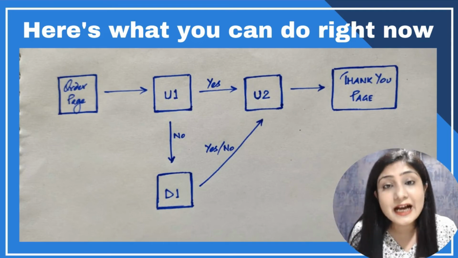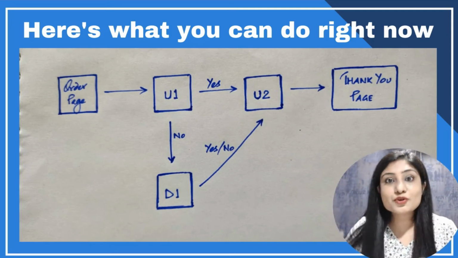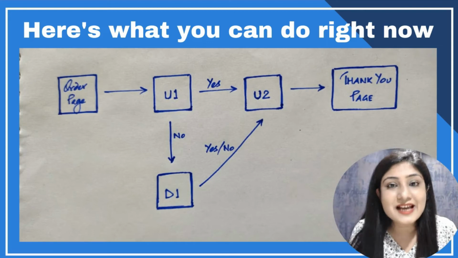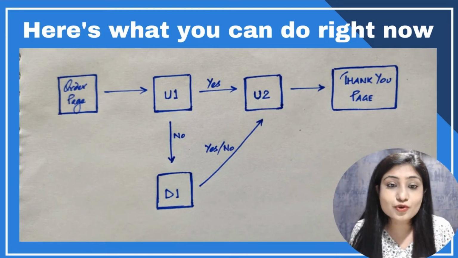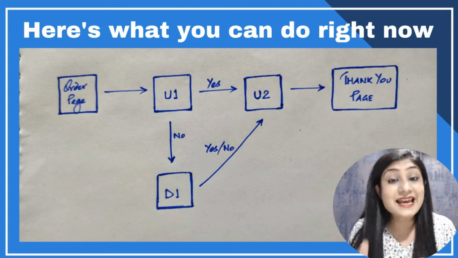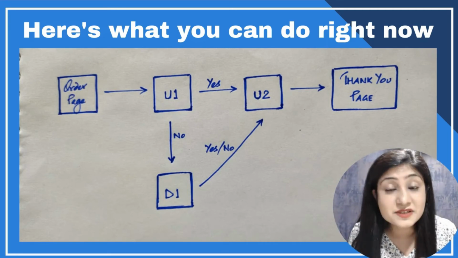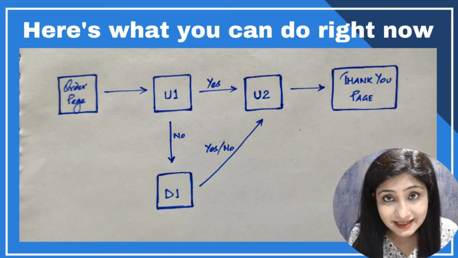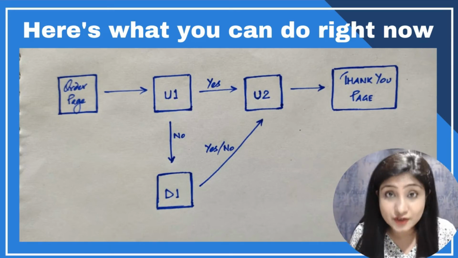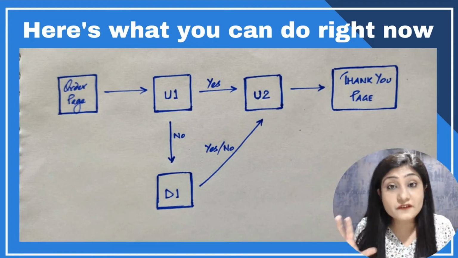Now of course you can further send them to upsell 3 if they accept upsell 2, and also you can terminate the funnel at any one of these steps. Well, that's there, but what you must notice is that it's still a very linear funnel here.